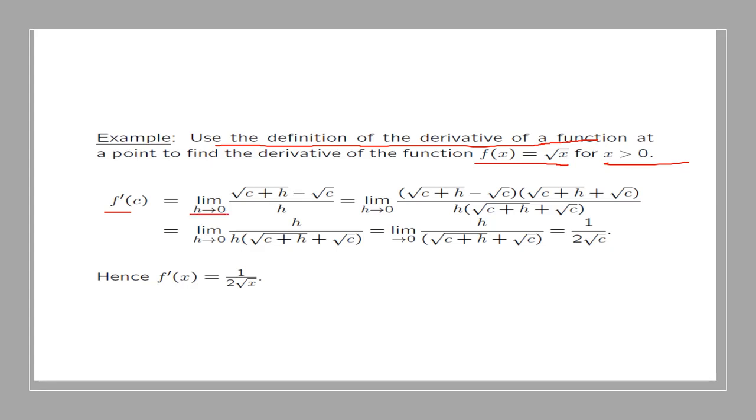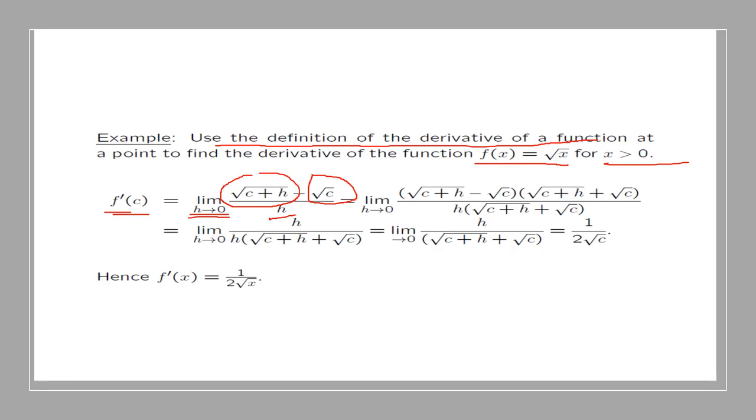Using h instead of x minus c is more convenient in this case, so we are going to use h. The derivative of f at c is simply the limit as h goes to 0 of f of c plus h minus f of c, divided by h.